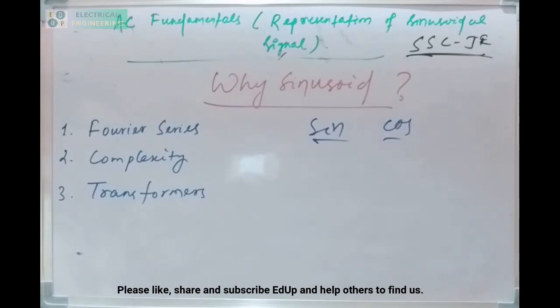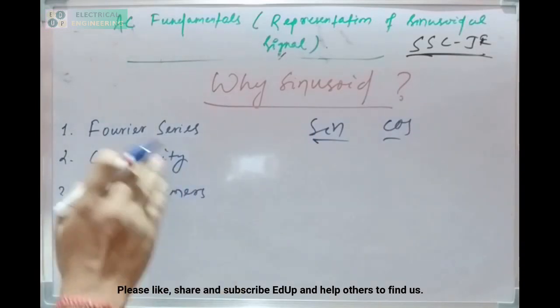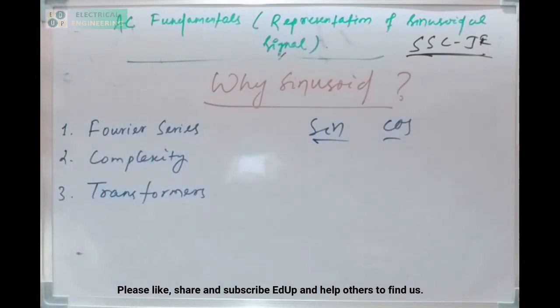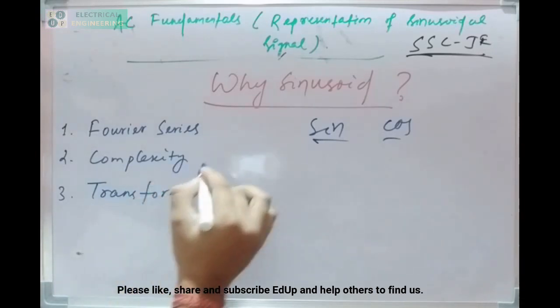So any kind of waveform, may it be square or rectangular or triangular, can be represented as sinusoids, sine or cos, using the Fourier series. Okay, so this is very important. We can convert any kind of waveform into sinusoid using the Fourier series, and it makes our calculations less complex and simple.